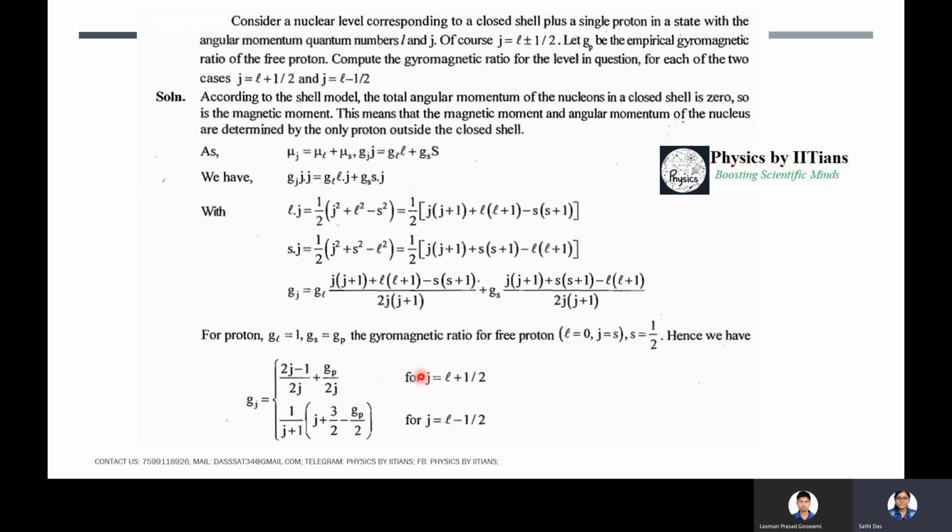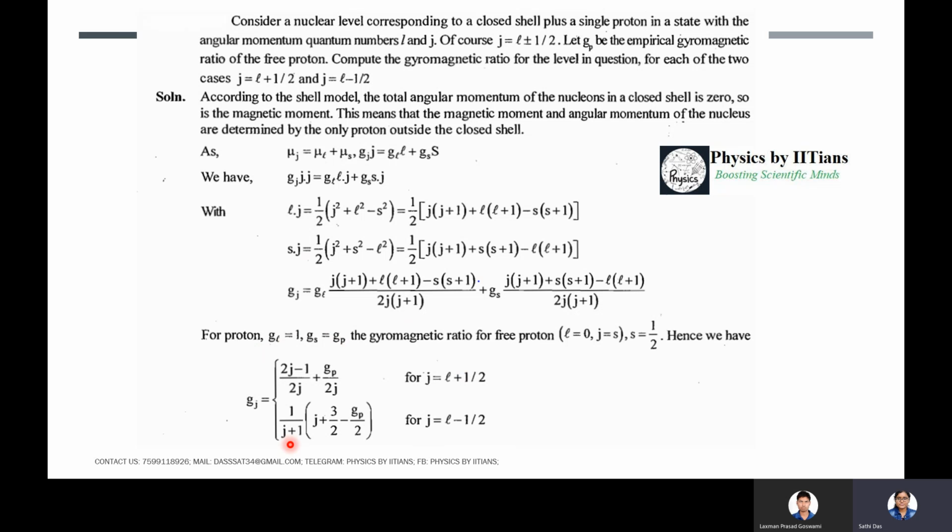So we put L equals 0, and the J term will only be S. Gj will become (2j minus 1) by 2j plus Gp by 2j for j equals L plus half, and 1 by (j plus 1) into (j plus 3 by 2) minus Gp by 2 for j equals L minus half.